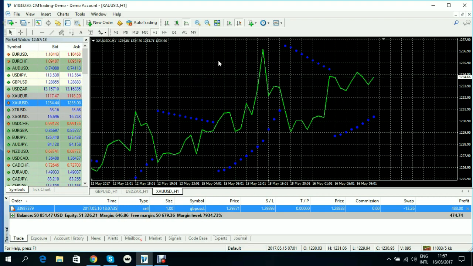Let us now look at how to professionally use the Parabolic SAR to trade. The significance about the parabolic is its simplicity. It is one of the most simple indicators to use.